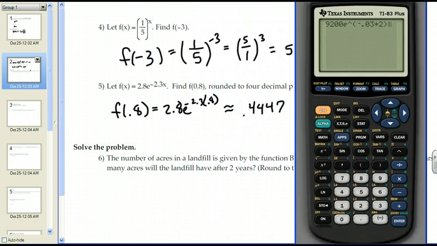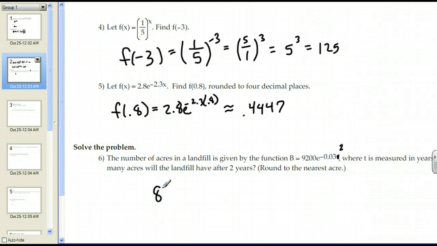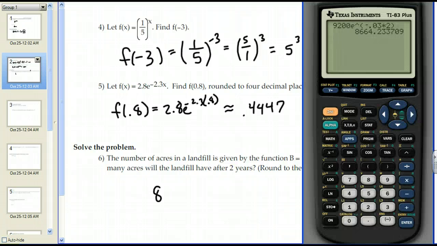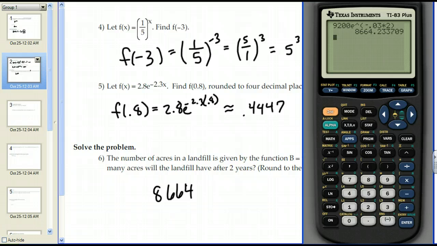Replacing t with 2 and hitting enter gives us this number. They'll only have 8,664.23 acres. To the nearest acre, 8,664 is the nearest whole number.